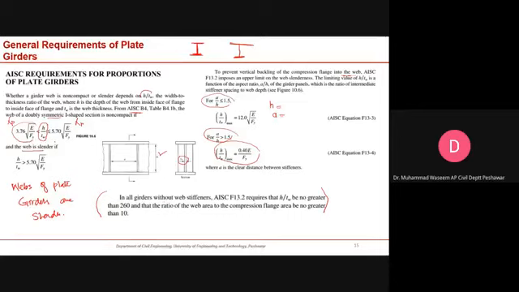There are different recommendations on how to check compactness, non-compactness or slenderness, and what the maximum ratio of depth to thickness should be. There is also a requirement for girders without web stiffeners, that the ratio should be no more than this one. Forget about this one, but it is there when you are designing.